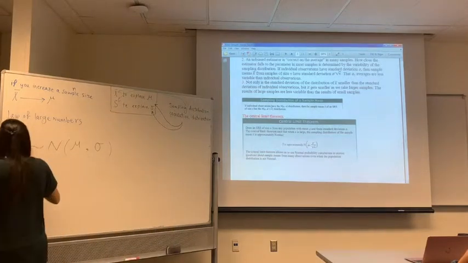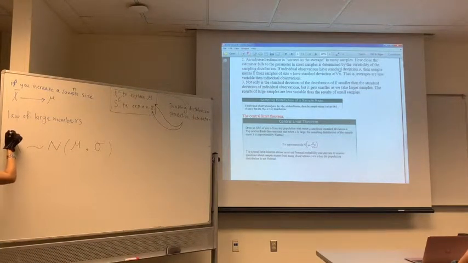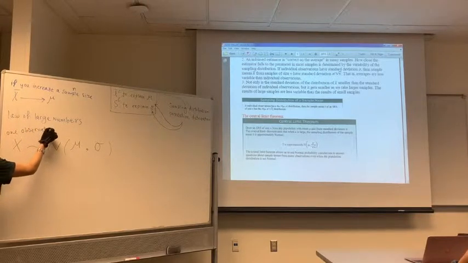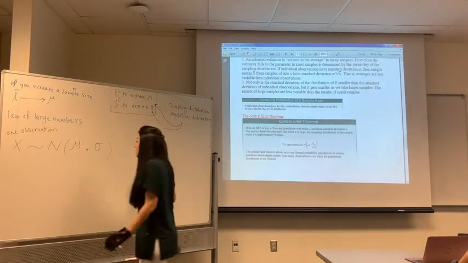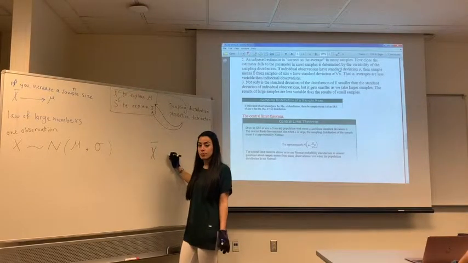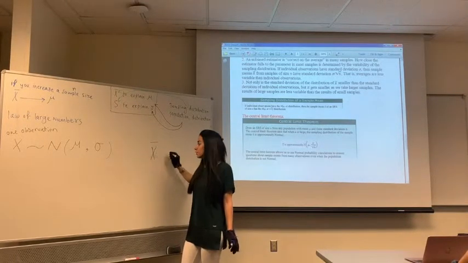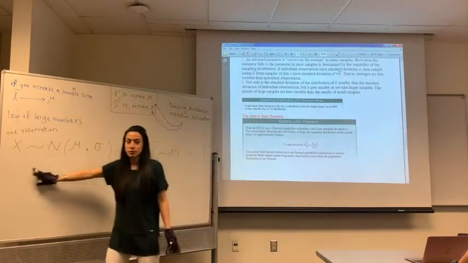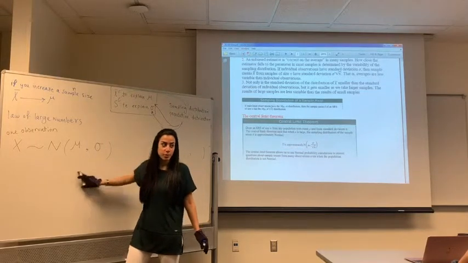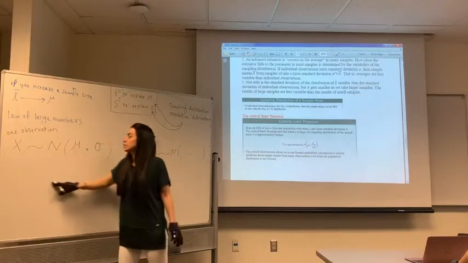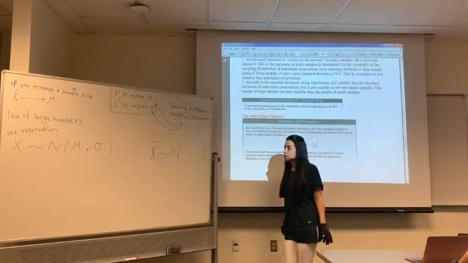And X was one observation from this population. Now, in this chapter, we are interested in finding the distribution for X bar. This was a distribution of the population. This X comes from the population. So, we are generally talking about the population, each single observation from the population.